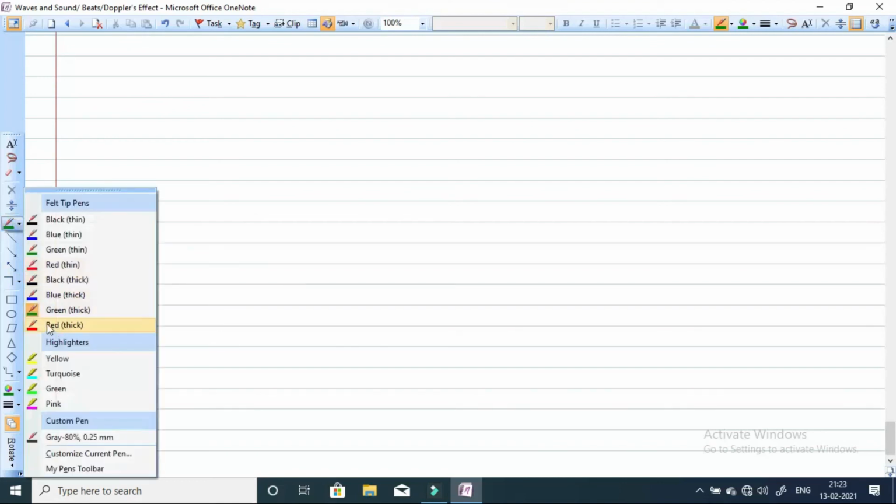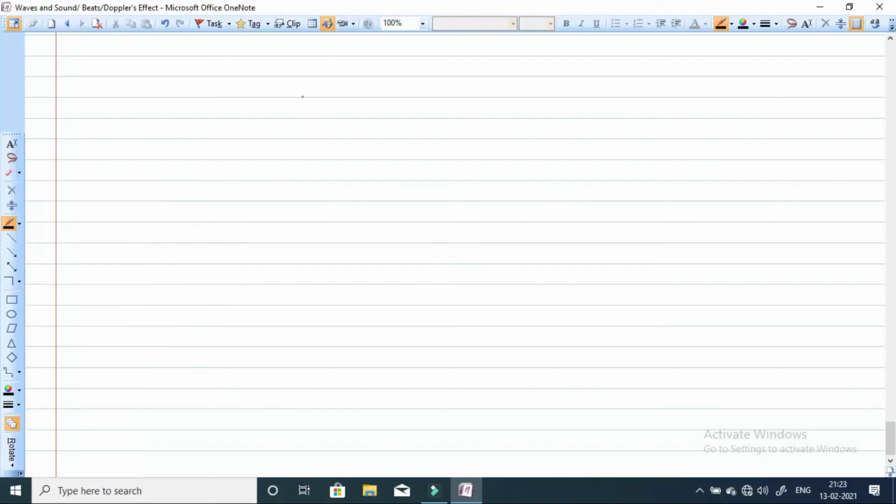This will be your final result: f dash equals f into v plus minus v naught, always remember the top will be the observer, divided by v plus minus vs.